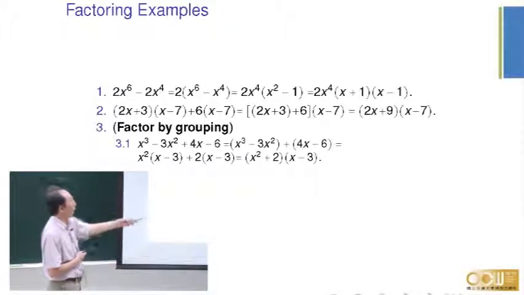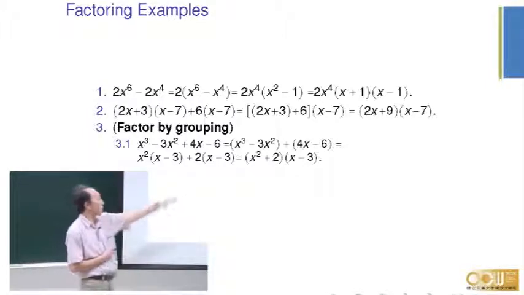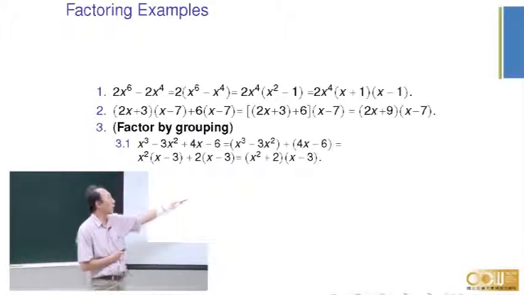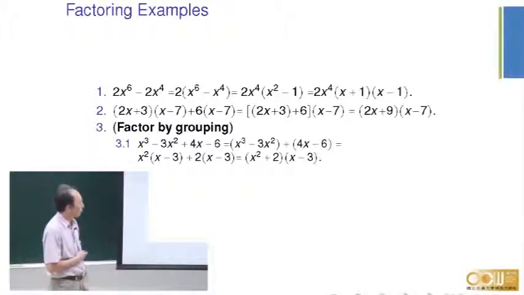This is the simplest form of factoring, because we cannot factor this quadratic polynomial x squared plus 2. It will be discussed in full later why we cannot factor it.